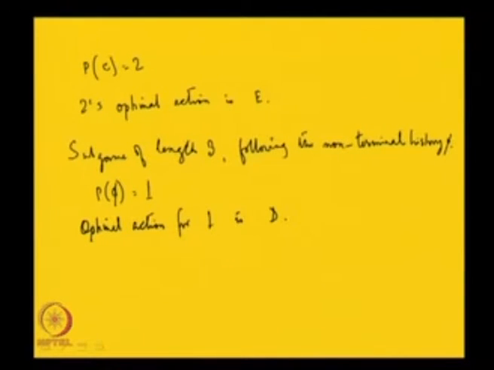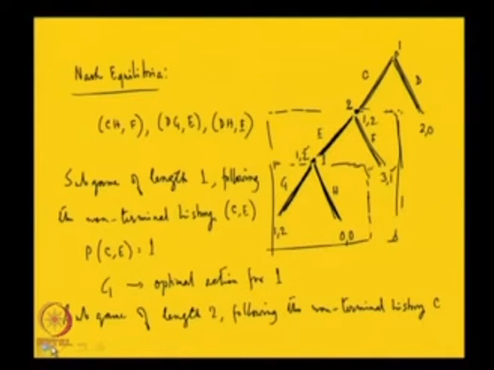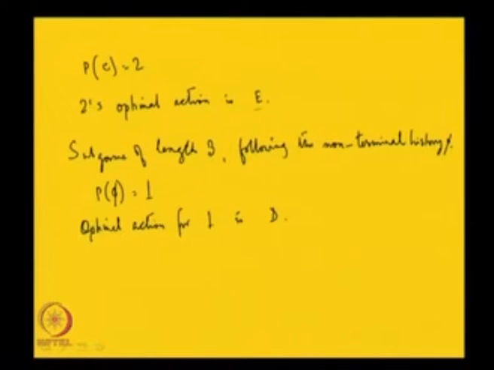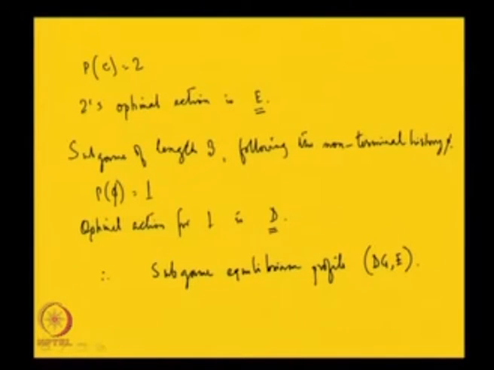So, we have got a series of optimal actions. One is G, the second is E, and the first is D. The subgame perfect equilibrium profile is (D G, E). Look how I have arranged these actions.